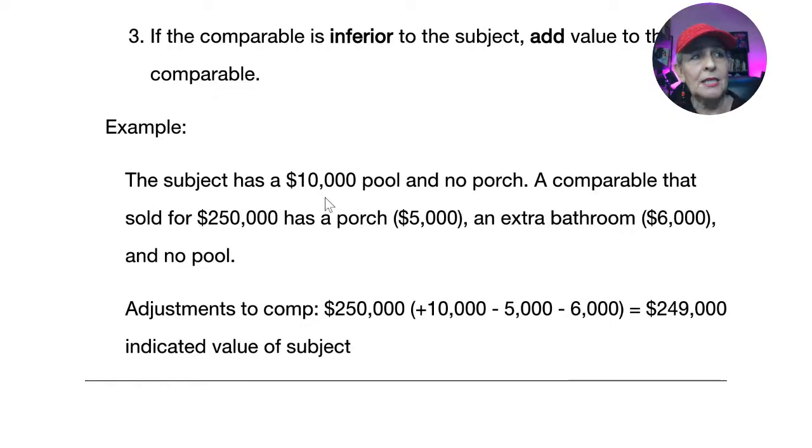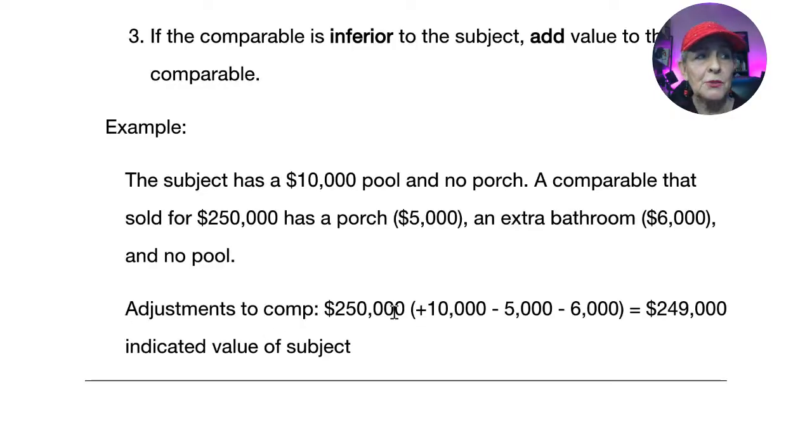So the subject property has a $10,000 pool and no porch. A comparable that sold for $250,000 has a porch, which is $5,000, and an extra bathroom, which is $6,000, and no pool.